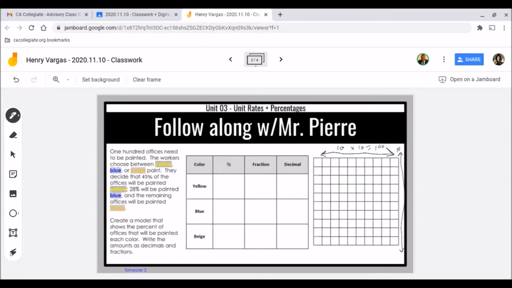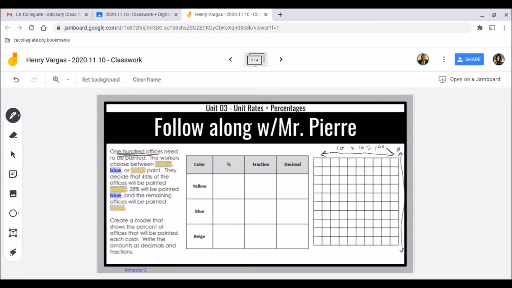All right, we're now going to read the question to make sure that we understand what this question is asking us so that we can answer it correctly. The question reads 100 offices. I'm going to underline that because that's important. That's a number, even though it doesn't look like it's a number in words. It says 100 offices need to be painted. The workers choose between yellow, blue, or beige paint.